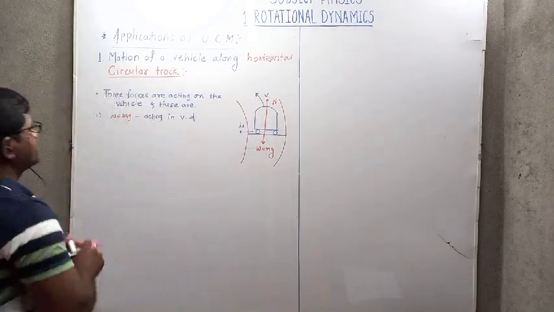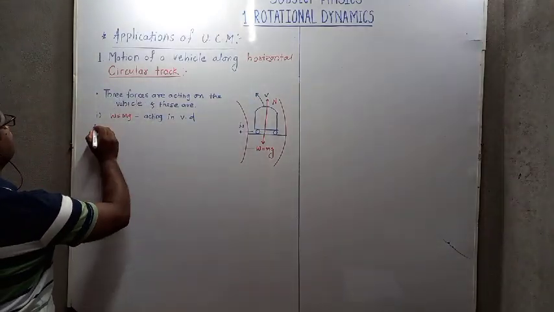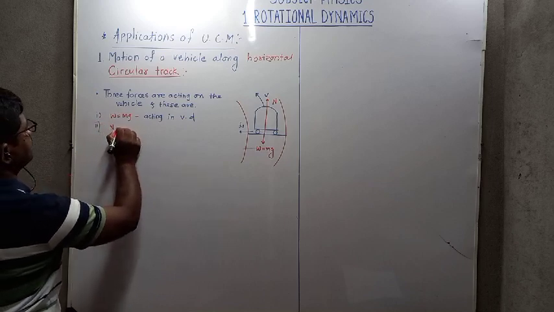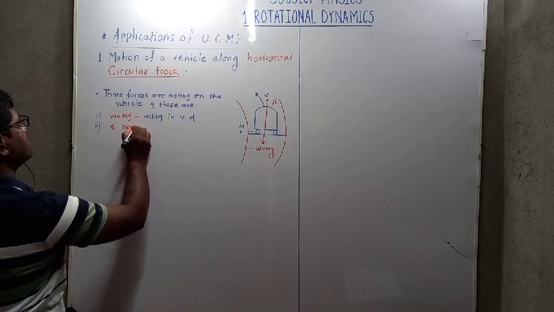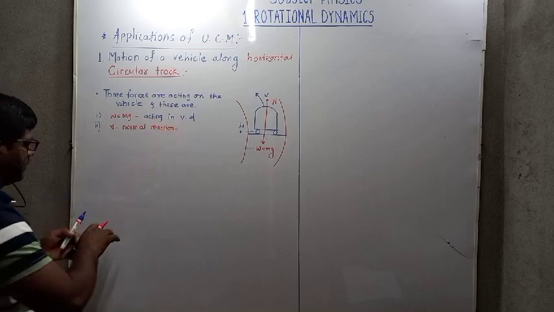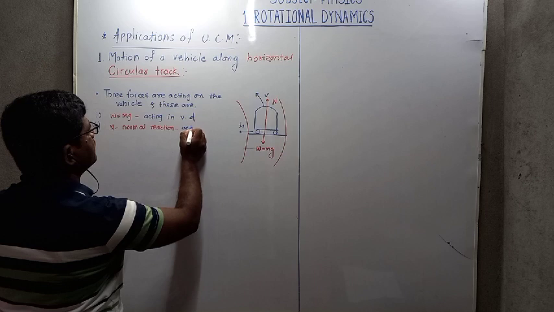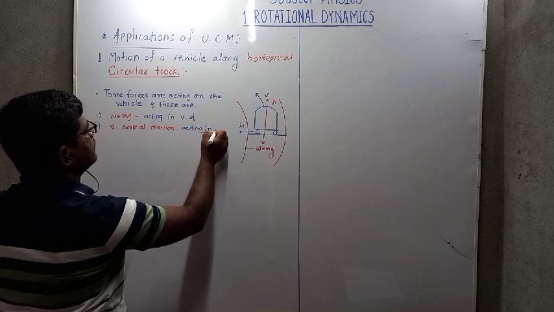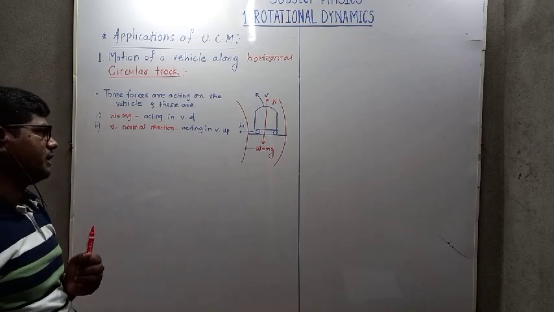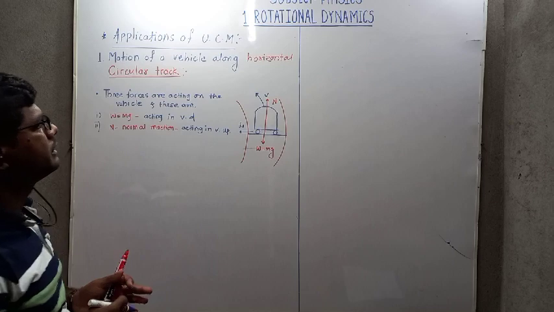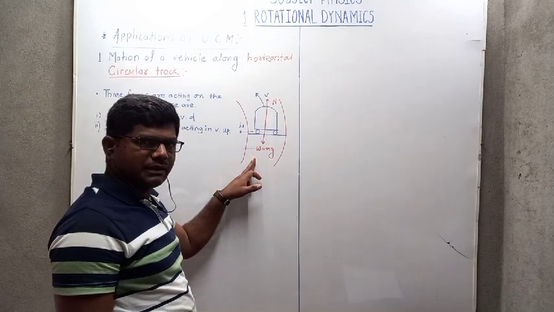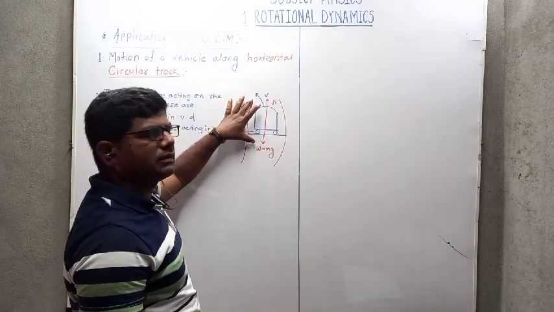The normal force N acts in the vertically upward direction. The magnitude of normal reaction and weight are the same, but their directions are opposite.